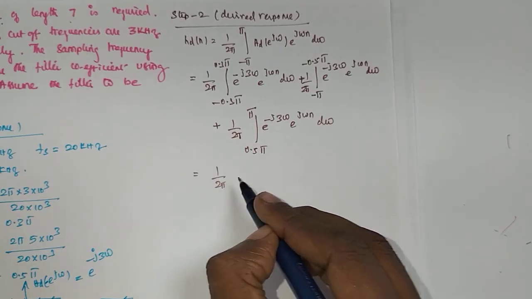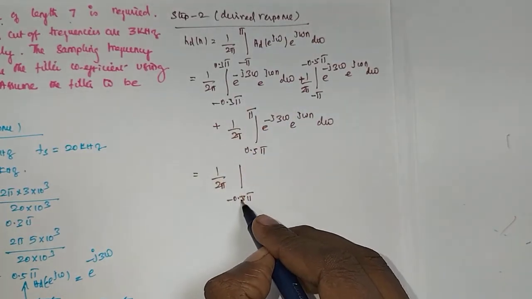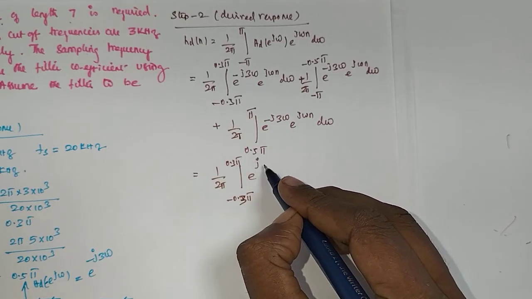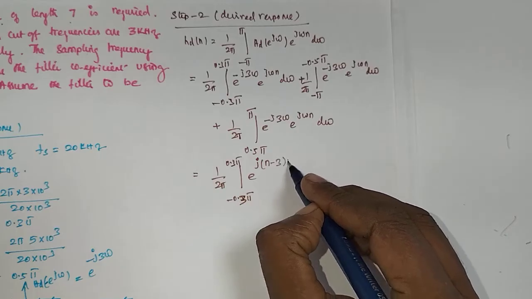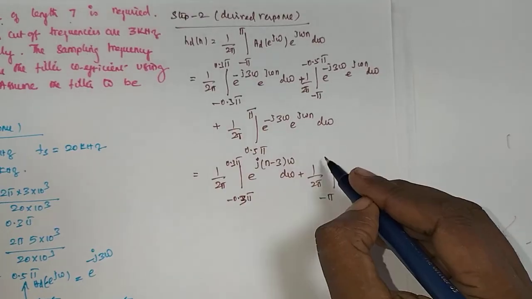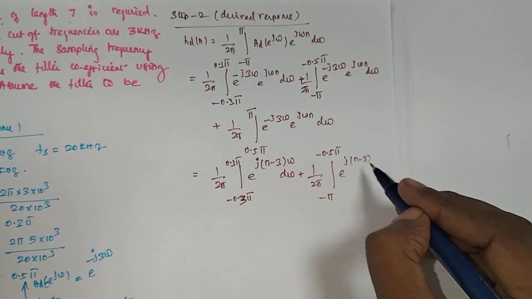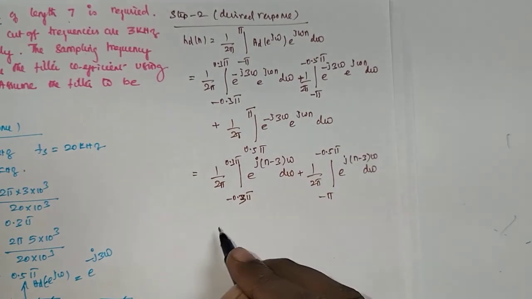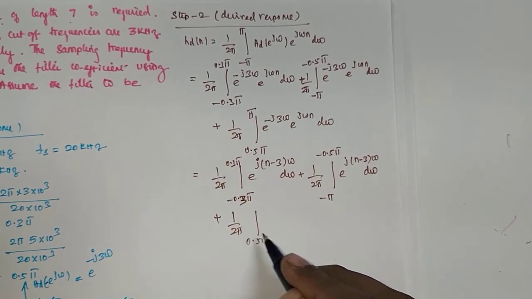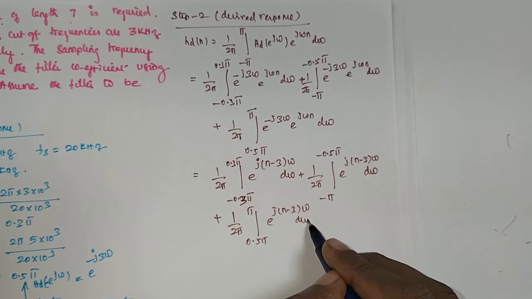That is 1 by 2 pi, with limits minus 0.3 pi to 0.3 pi. Taking j omega common, we get e power j into (n minus 3) omega d omega, plus 1 by 2 pi integral from minus pi to minus 0.5 pi of e power j into (n minus 3) omega d omega, plus 1 by 2 pi integral from 0.5 pi to pi of e power j (n minus 3) omega d omega.